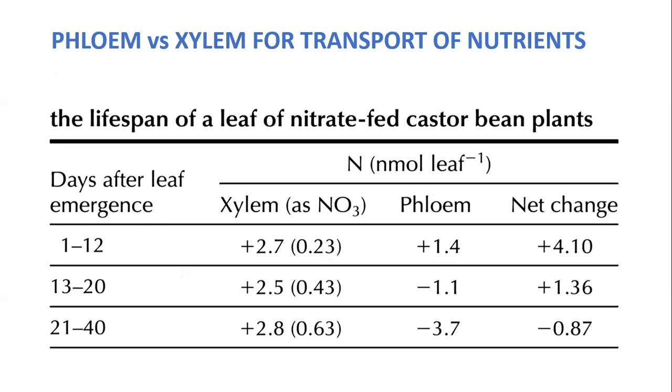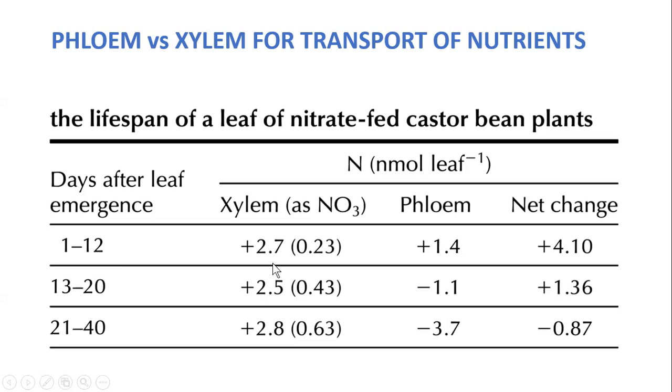This is not about whether a nutrient is mobile or immobile. It is based on the days after leaf emergence, because the movement of ions also depends on the age of the plant. Here you can see days after leaf emergence, 1 to 12.